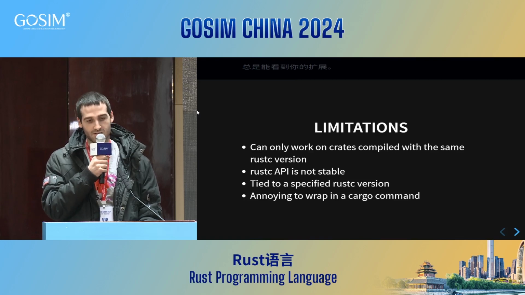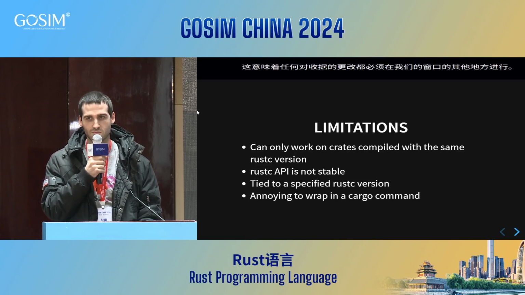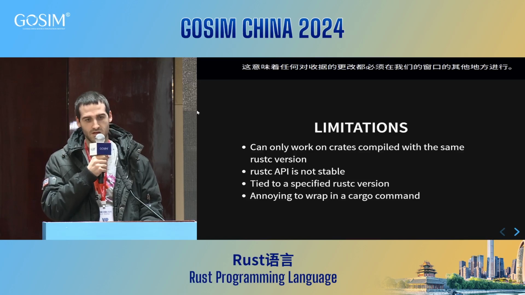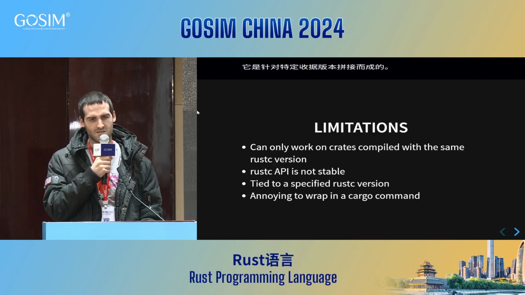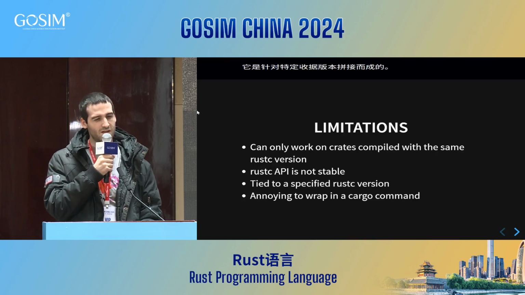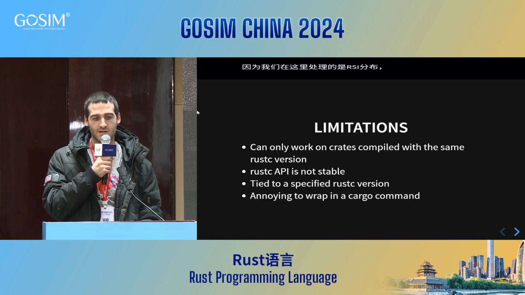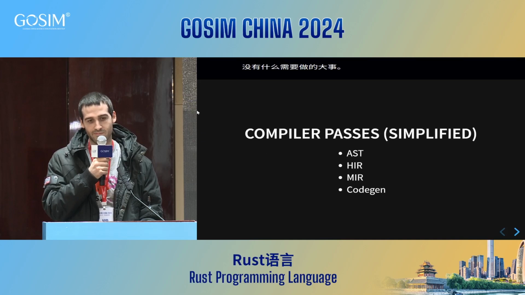Like mentioned, it's tied to a specific rustc version. That is not so much of a limitation, considering that in Rust we have Rustup, which handles this distribution, so not many things to do. And finally, that limitation is maybe the most weird one. It's annoying to wrap it in a cargo command. You will see why shortly too.